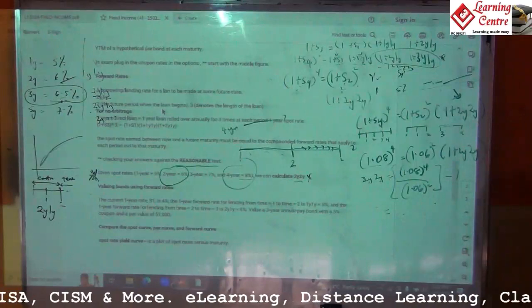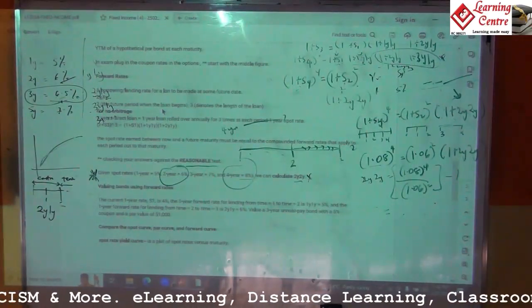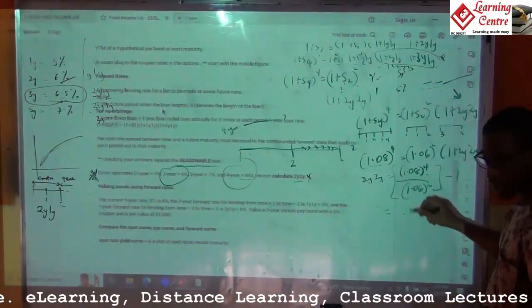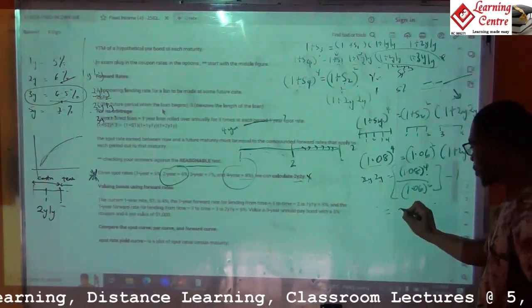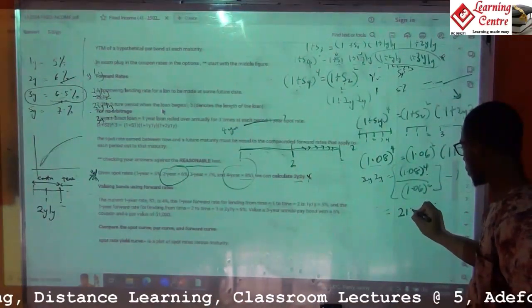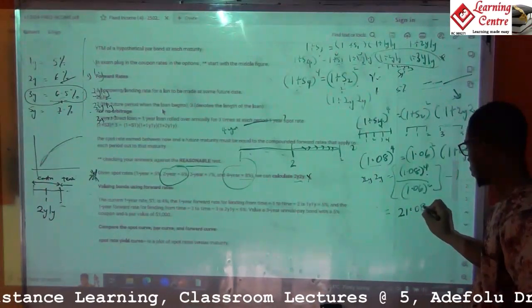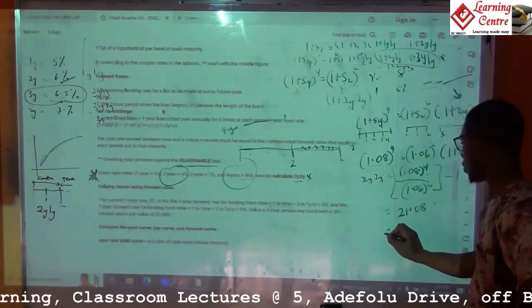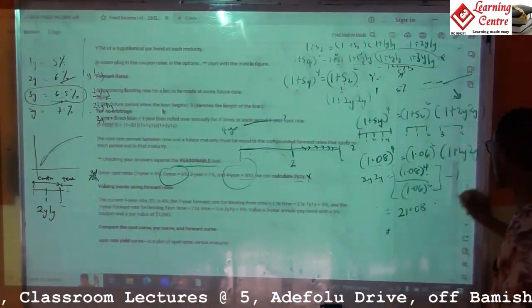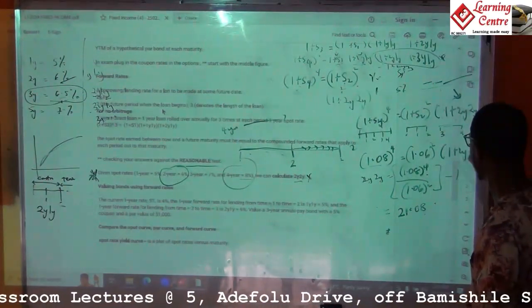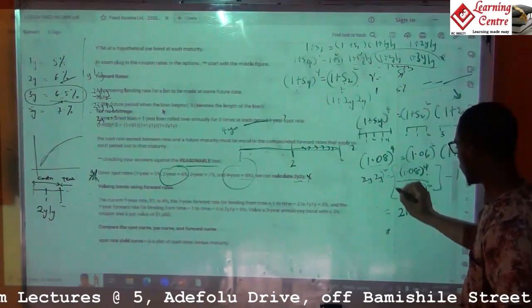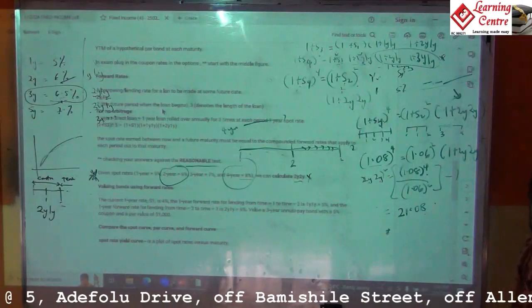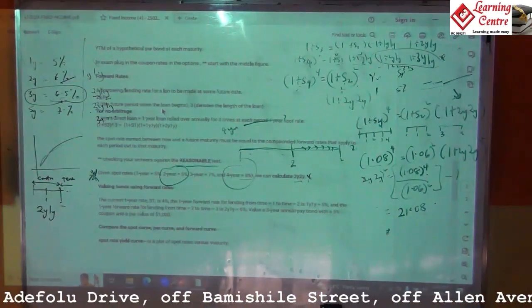What's the answer? 1.36. So you have to do this. How do you get this 1.08? Minus 1.